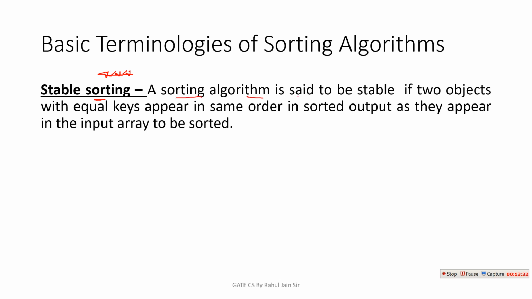A sorting algorithm is said to be stable if two objects with equal keys appear in the same order in the sorted output as they appeared in the input array. Stable sorting is a sorting algorithm in which the order of equivalent keys in the output remains the same as in the input set.